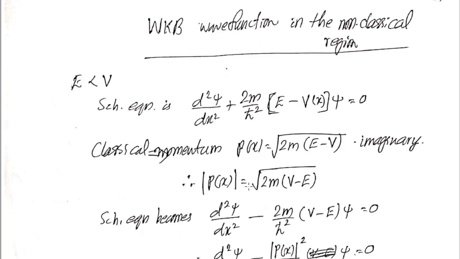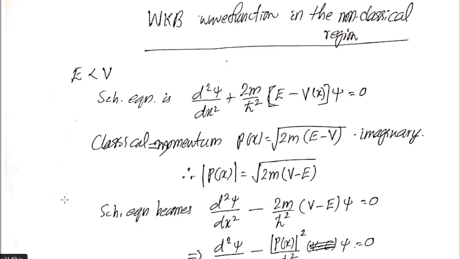This is called the modulus of p, which will be equal to √(2m(V − E)). Remember, this is now V − E and this term is real, and we take the positive square root, which is called the modulus of that classical momentum. The classical momentum is imaginary here.